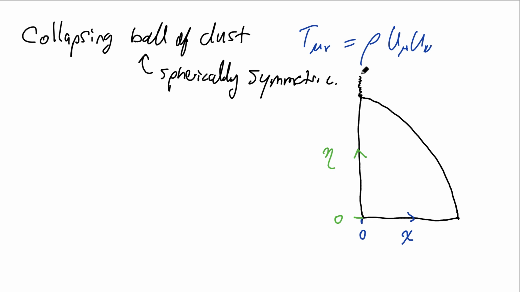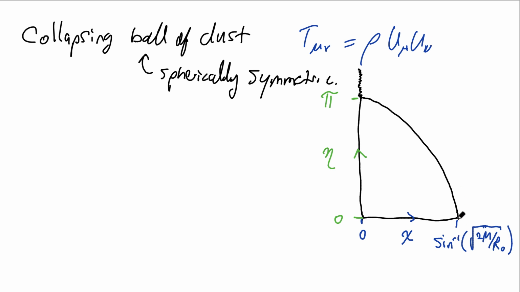Here's the singularity. And the maximum value of eta is actually pi. And the maximum value of chi, the value of chi that corresponds to the surface of the star, is sine inverse, or arc sine, of the square root of 2m over some constant r0.